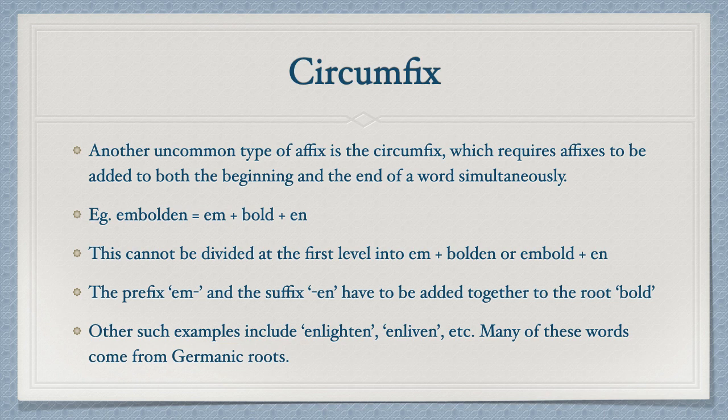That's not how it is combined. It's not like first you have the word bold, then it becomes bolden, then embolden. No. Neither is it bold, embold, embolden. No. Neither of that is correct. From bold, you proceed directly to embolden. So that means the prefix and the suffix have to be added simultaneously. And this is an example of a circumfix. They have to be added together. Other such examples are enlighten, enliven, etc.